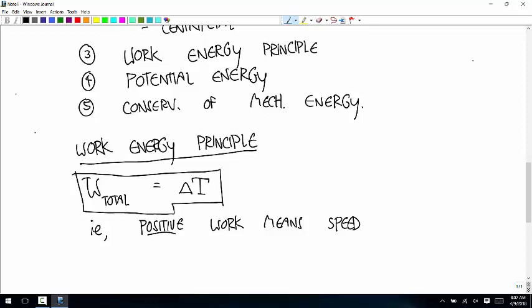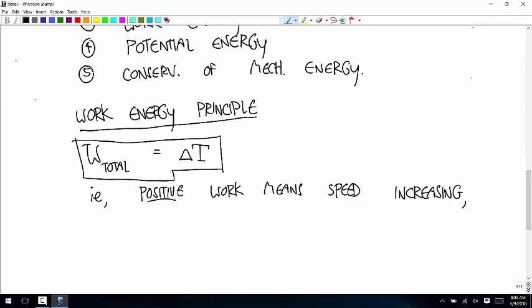Okay, positive work means the speed is increasing. Yeah, speed is always positive.